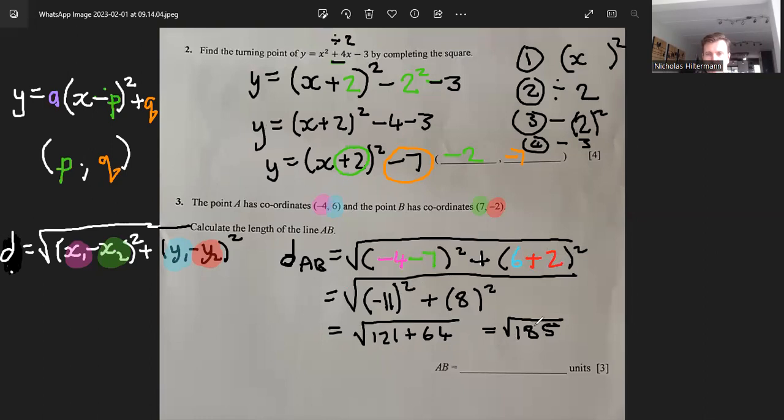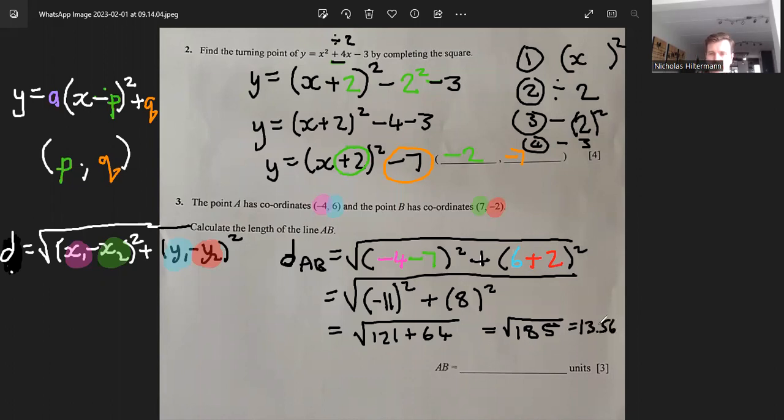So what you've got to do is put that in your calculator. And then you get an answer. Okay, so let me get my calculator. Okay, so when I put that in my calculator, I get 13.56.